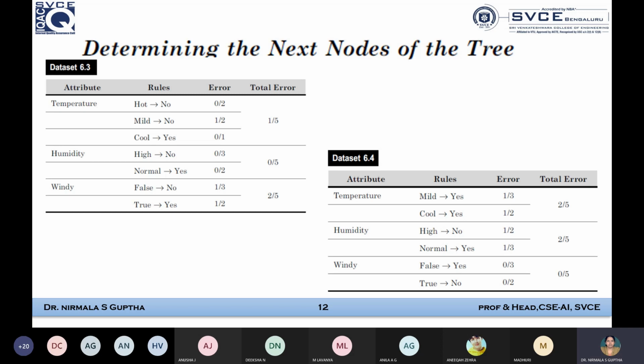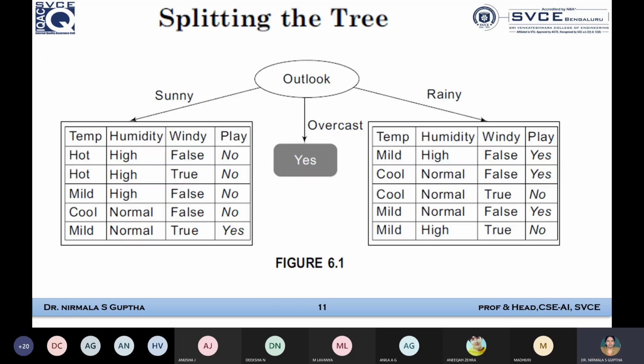Similarly, we need to go back to the same data set. Now forget or imagine that there is no temperature column at all. Just see the humidity column. Humidity has how many values? 2 values, high and normal. Now see the corresponding play values: no, no, no, no, yes. Forget temperature and windy now.